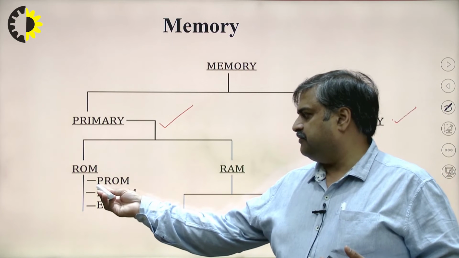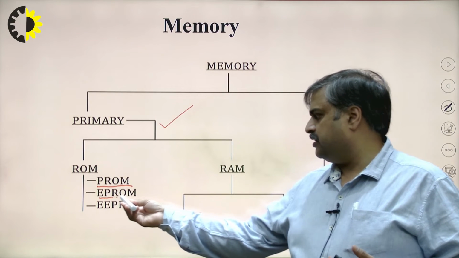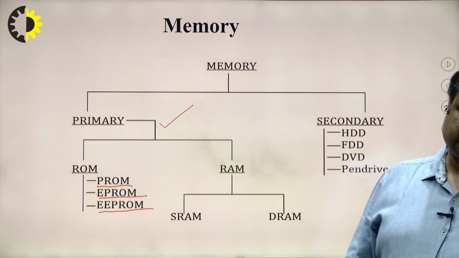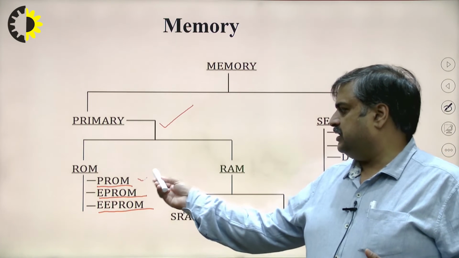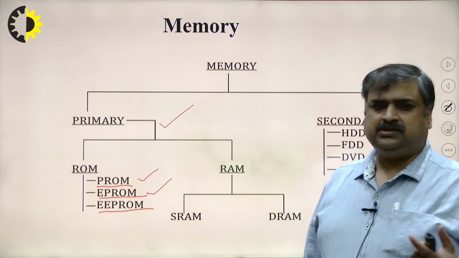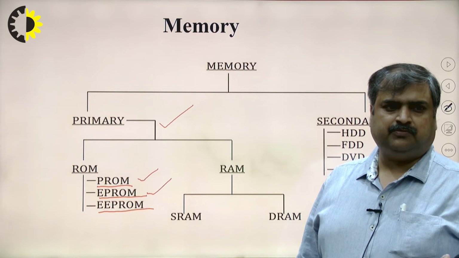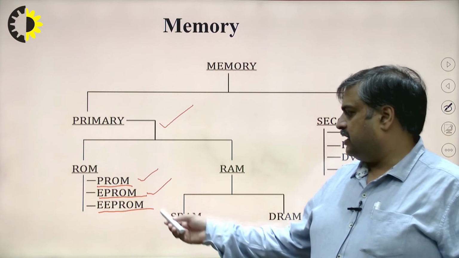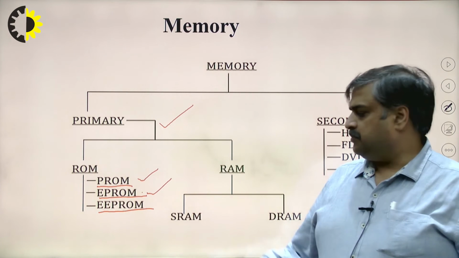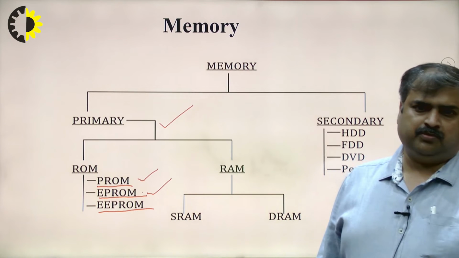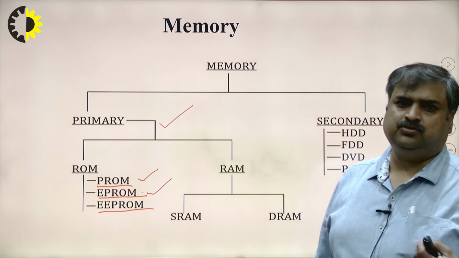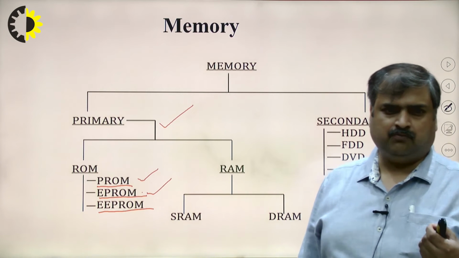ROM has three different kinds: programmable ROM, erasable programmable ROM, and electrically erasable programmable ROM. Programmable ROM means it is programmed when it is manufactured. Erasable programmable ROM means it contains instructions which can be changed also. That is done with the help of laser. But electrically erasable programmable ROM is also available, whose content can be changed using electricity, some volts.